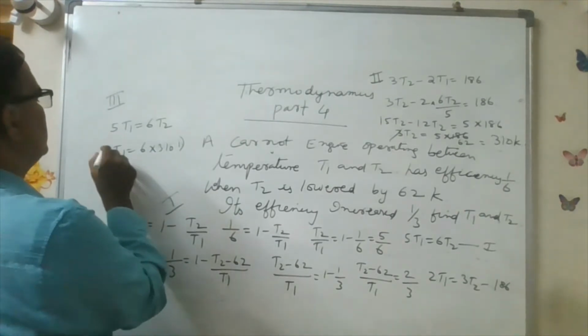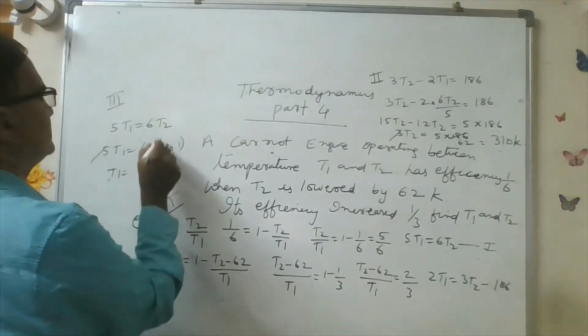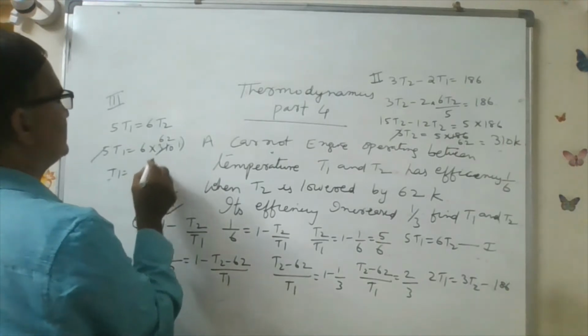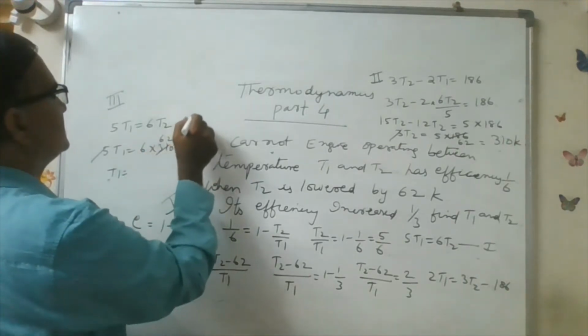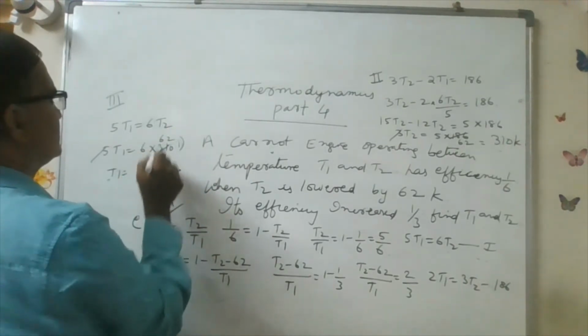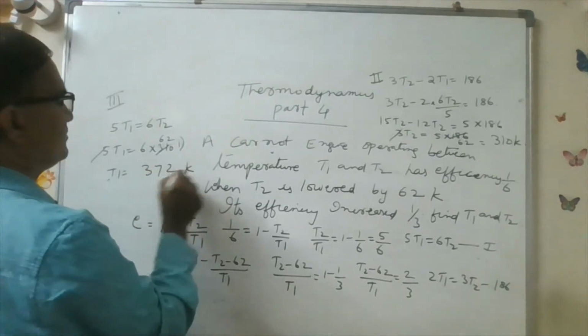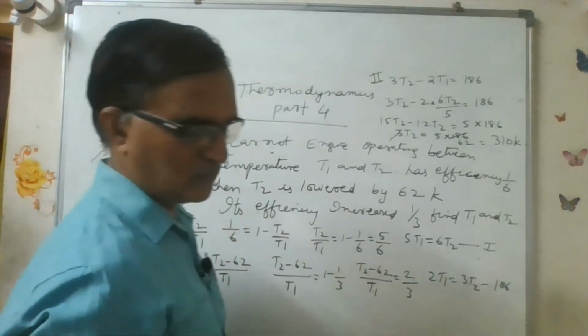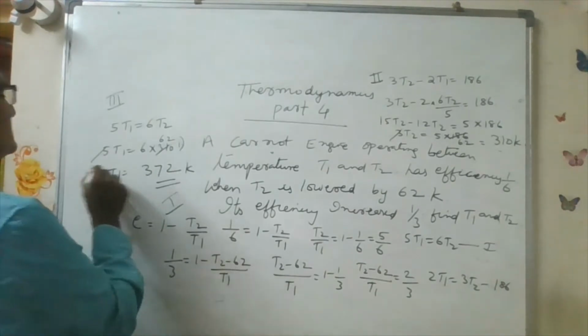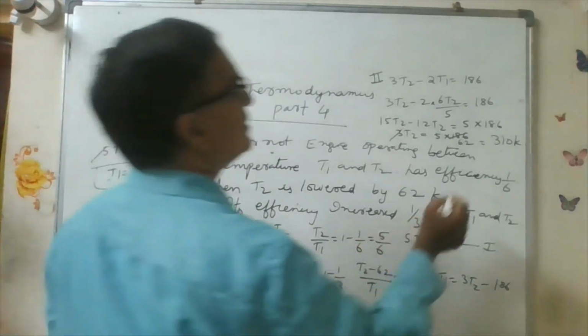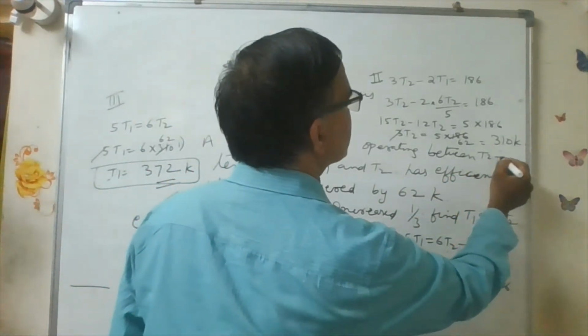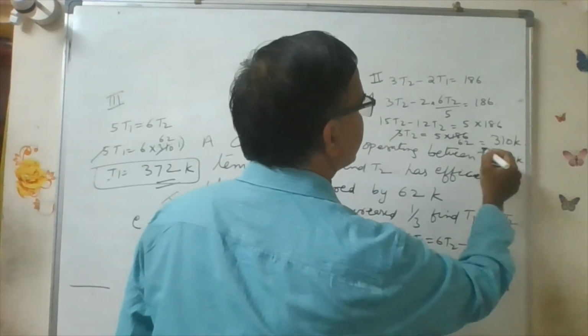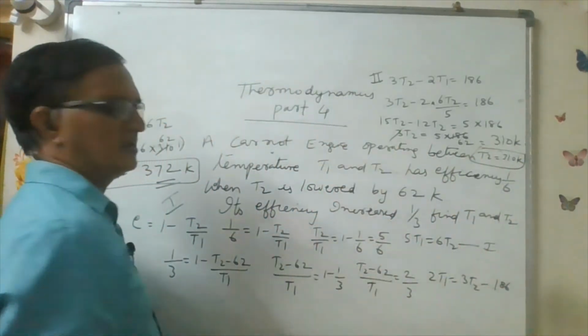T1 is equal to, if you simplify, 372 Kelvin. This T1 we got as 372 Kelvin, T2 we got as 310 Kelvin. These are the answers. Just a simple problem.